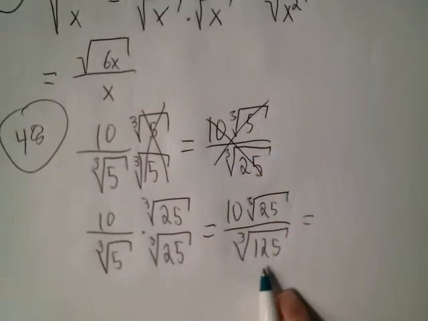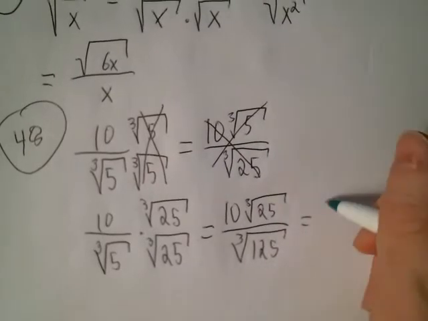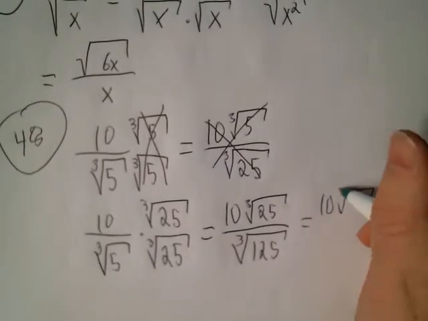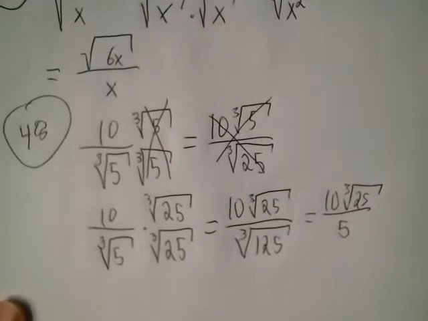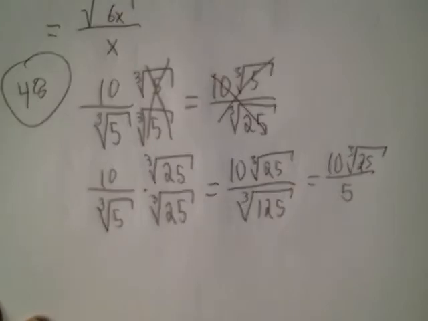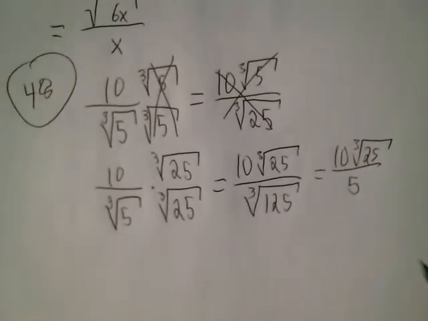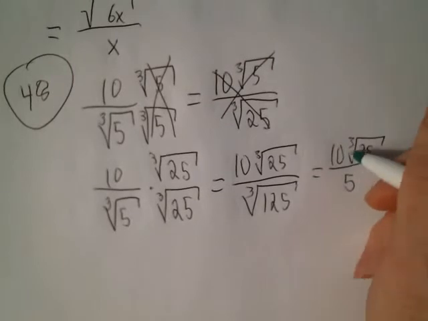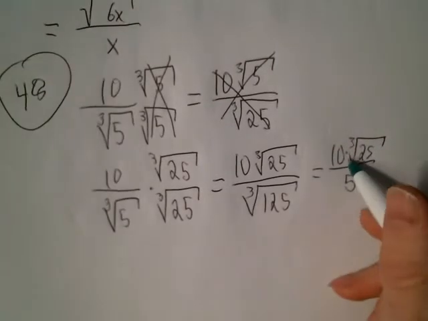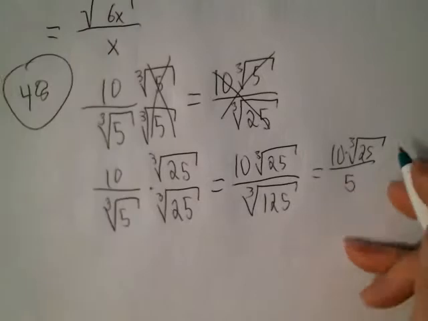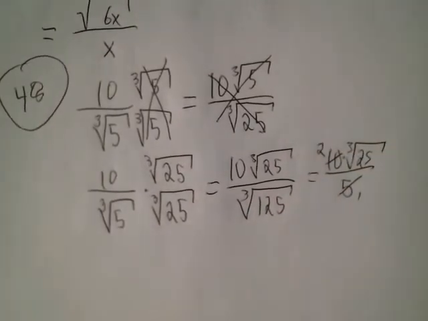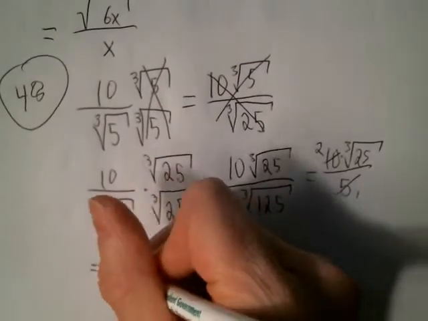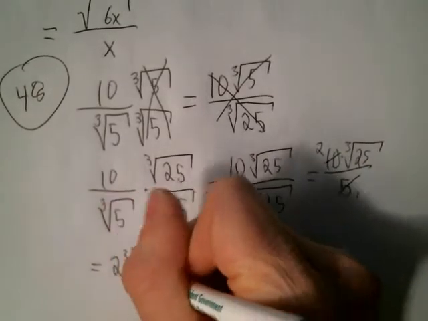Now this will simplify, so you'd end up with 10 cube root of 25 all over 5. And we got rid of that nasty cube root. One other detail: if we factor 10, it's 5 times 2, so we can remove a factor of 5 from top and bottom. I'd end up with 2 cube root 25 all over 1, which is the same as 2 cube root 25.